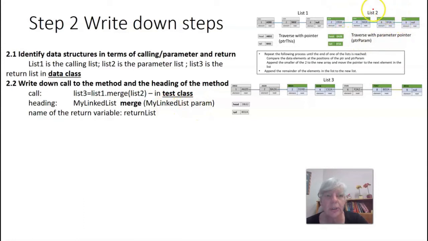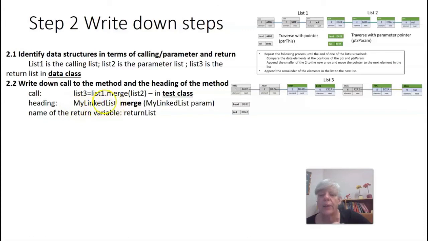That's list 2 in this diagram. This list 1 is the calling list. But remember, in the class, we do not refer to it as list 1. We actually can refer to it as this, because this always refers to the calling object.